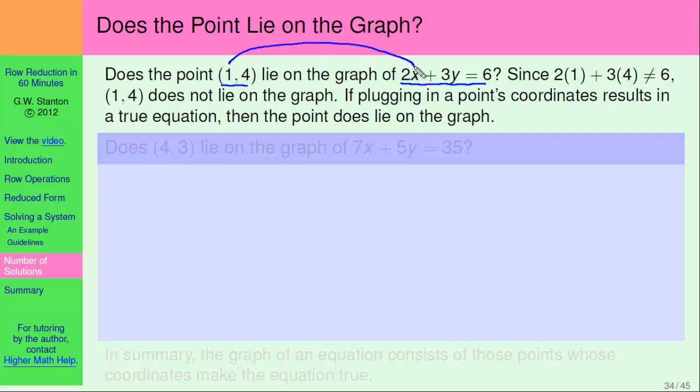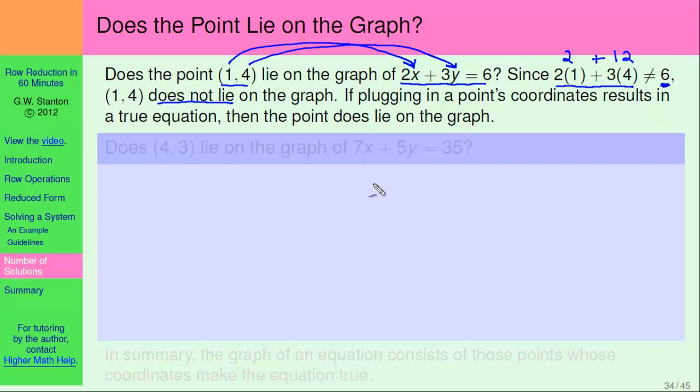So 1 gets plugged in for x and 4 gets plugged in for y, and the result here would be 2 times 1 is 2, plus 3 times 4 is 12, and that's 2 plus 12, which is 14, not 6. And that just tells us the point does not lie on the graph. If plugging in a point's coordinates results in a true equation, then the point does lie on the graph.